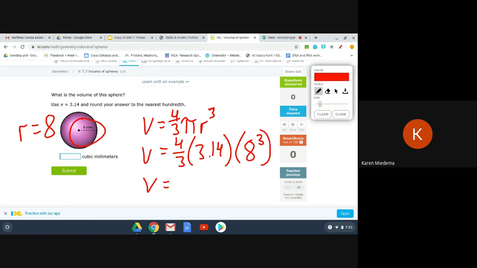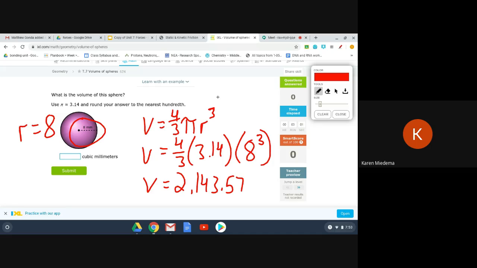And at this point, everything is just on the calculator. 4/3 times 3.14 times 8 to the third power. Gives me a big number, 2,143.57. The next number is a 3, but the 3 tells the 7 to stay the same.